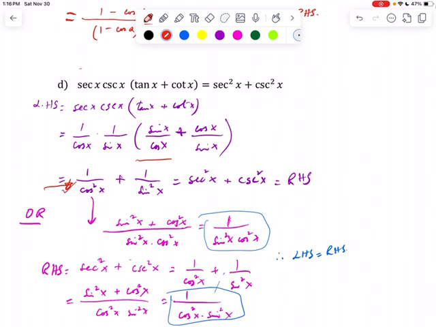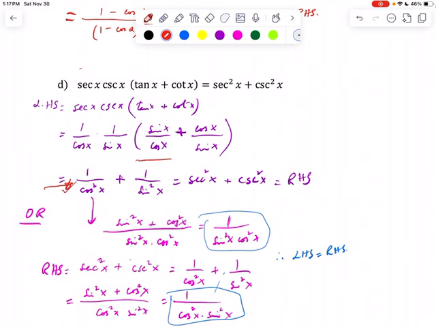So anytime you feel like at any step, the expression that you got can easily be written in terms of the other side, then just do that. Otherwise, if someone doesn't recognize that, then you could do this.